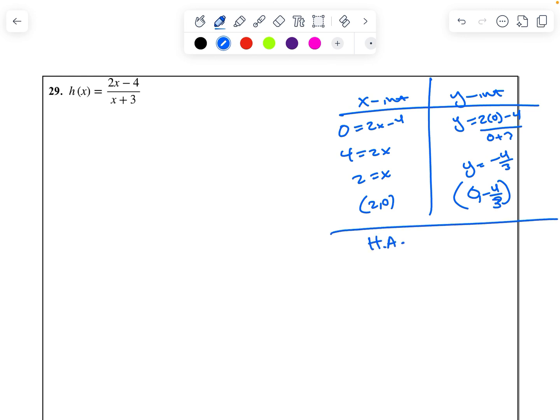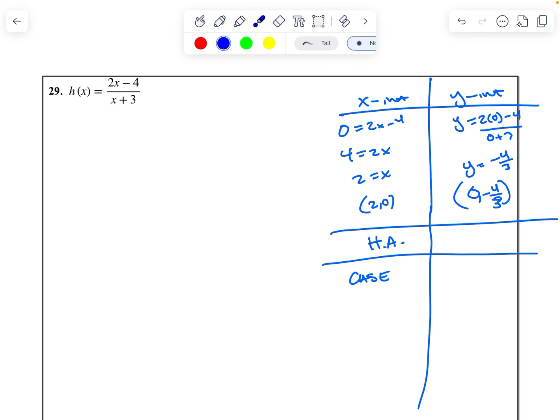Our horizontal asymptote, this is another case 3, where they have the same degree, and so we're going to look at the ratio of their coefficients, 2 over 1. So y equals 2 over 1, or y equals 2. Vertical asymptotes, -3 would make the bottom 0, and it's not going to be removable.